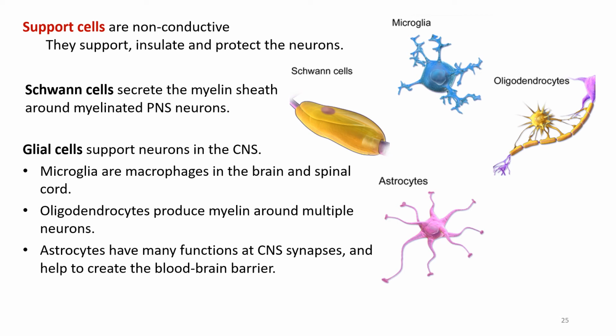They're generally found at central nervous system synapses. They're very much involved in the production, the recycling, the regulation of neurotransmitters. And they also help to create the blood-brain barrier. So they have lots of functions that can be quite complex.